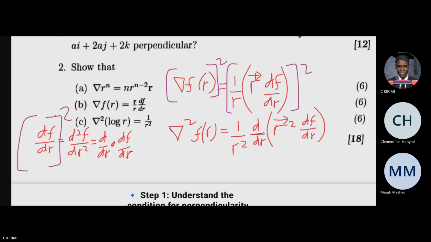Yes. Ask. Let's ask here, because we are going to use this same concept to solve for the next one, where instead of grad squared f(r), a function of r, we are now given grad squared log r.